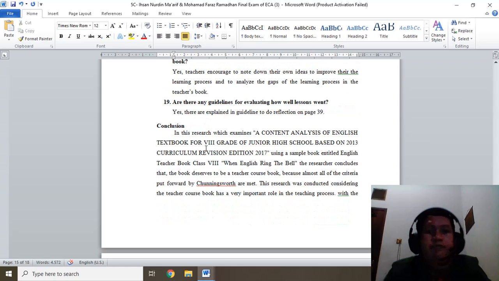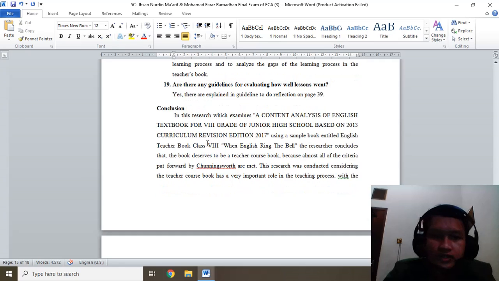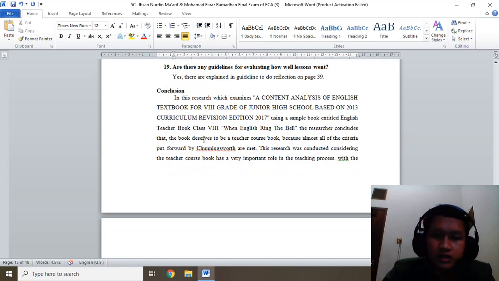So the conclusion of the findings and discussion that we conducted in this research is that the book deserves to be a teacher's course book because almost all the criteria put forward by Cunningsworth are met.